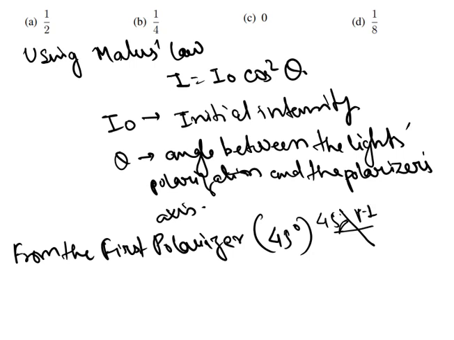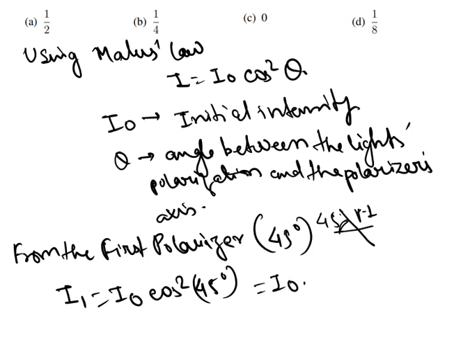So in initial the light is polarized along the original axis. Passing through the first polarizer at 45 degree, the intensity becomes I1 equal to I0 cos square 45 degree. So it will be I0 into 1 by root over 2 whole square is equal to I0 into half.